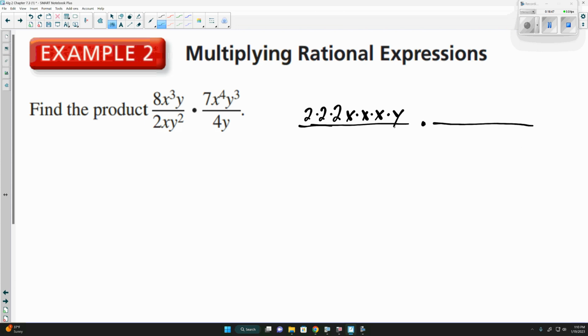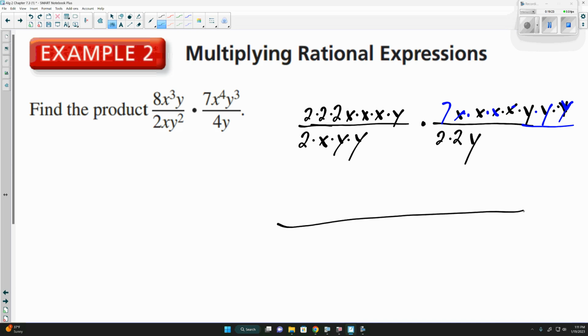So if I broke 8x cubed y all the way down, 7 is prime. x to the fourth is x times x times x times x. y cubed, well, that's three y's. So we have this. In the denominator, 2 is prime. We only have one x, and then we have two y's. 4 is 2 times 2. y.